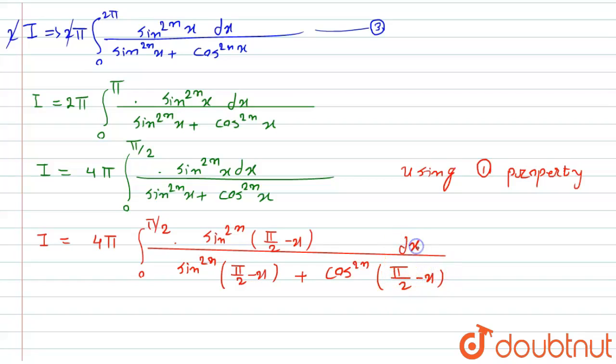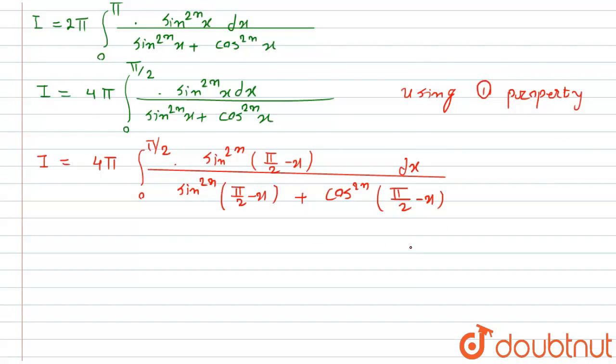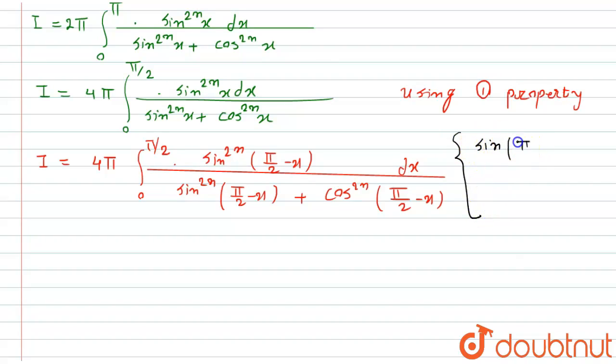Okay, now π/2 minus θ. We know one of the trigonometric formulas: sin(π/2 − θ) is equal to cos θ, and similarly cos(π/2 − θ) is equal to sin θ.